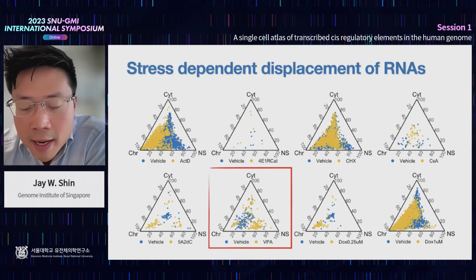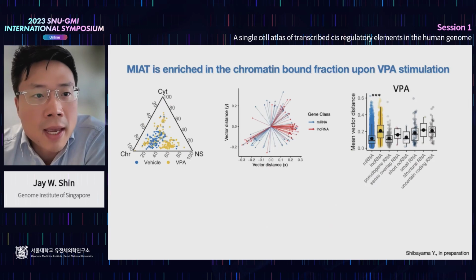But for the time, I just want to focus on BPA and illustrate to you how these RNAs are translocated. So here is, again, a ternary plot illustrating the RNA localization. Now, if you put the vehicle at the center of this graph, you can actually project the direction in which the RNA is localized from control to the perturbed state.